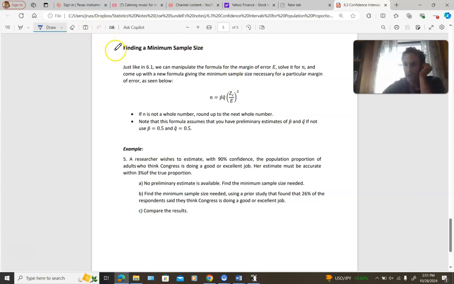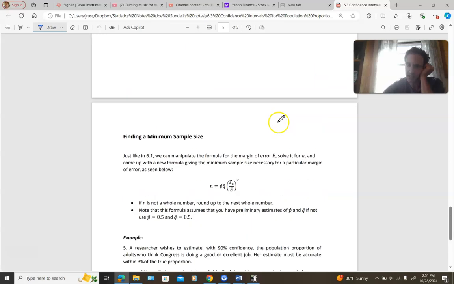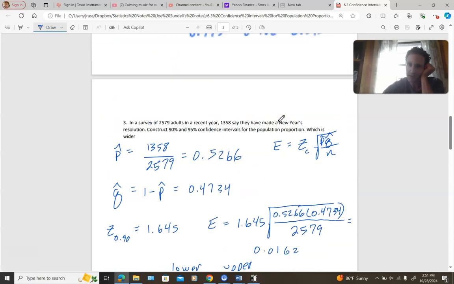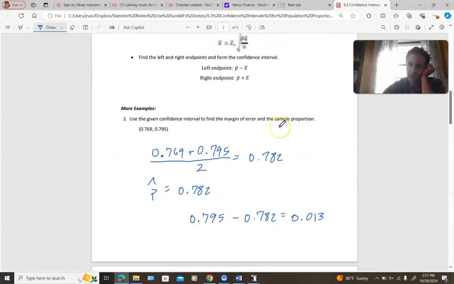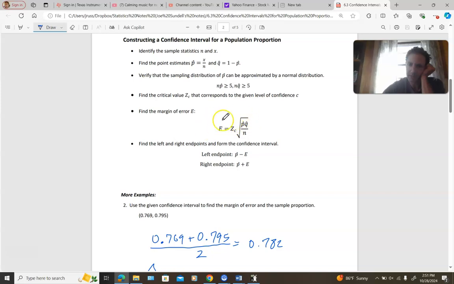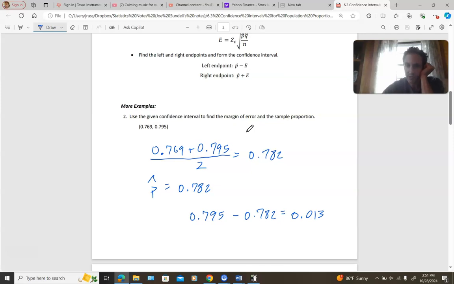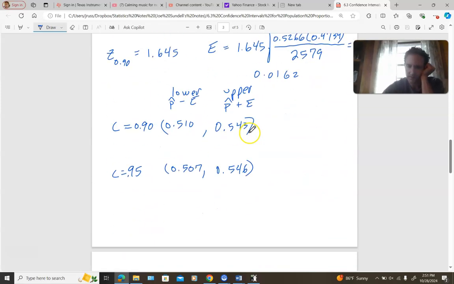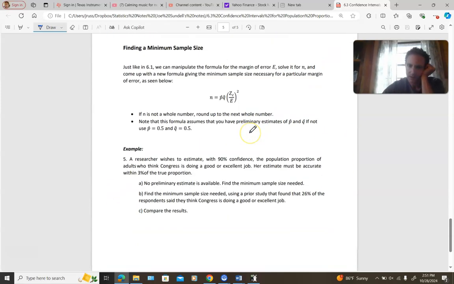Okay, well, let's look at this last piece. Just like we did in 6.1, if we know the margin of error and the sample size, then we can manipulate that margin of error formula. We can solve it for n, and it would give us this formula.